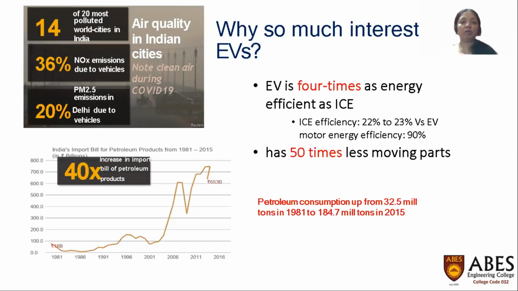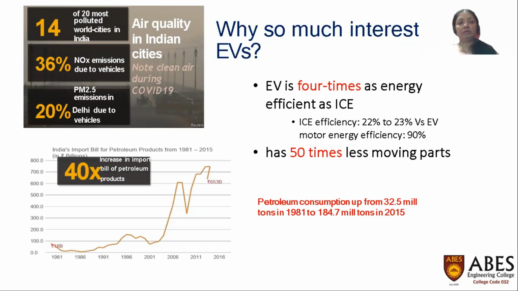This technology is so interesting, so evolving in the present time, that we all should learn about it. These are the important factors: in order to reduce the pollution, as well as the oil imports, or our overall imports, the EV is a very wise option.